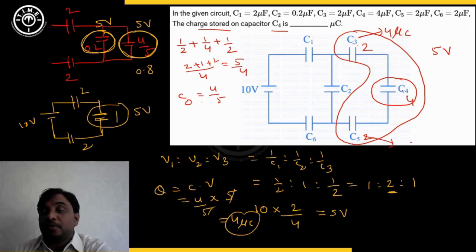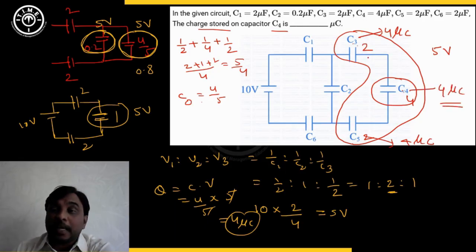Across C5 also 4 microcoulomb only. Across C4 also 4 microcoulomb only. Because all are connected in parallel. This kind of questions 100% you can expect in JEE Mains. This is one of the JEE Mains questions only.